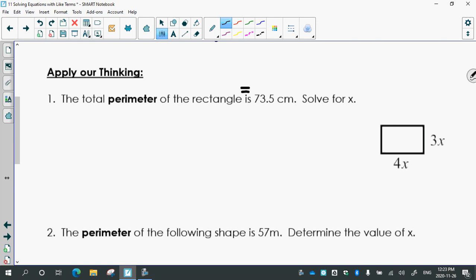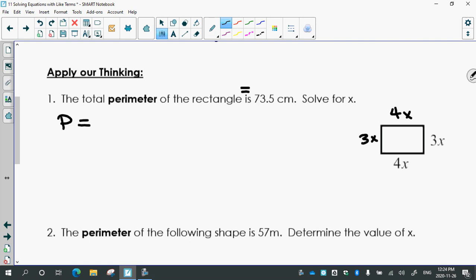Okay? So we're going to start off doing it like we would have done it yesterday by adding up, so P equals, adding up the 4 sides. Okay, so if I add up these 4 sides, what will I get?